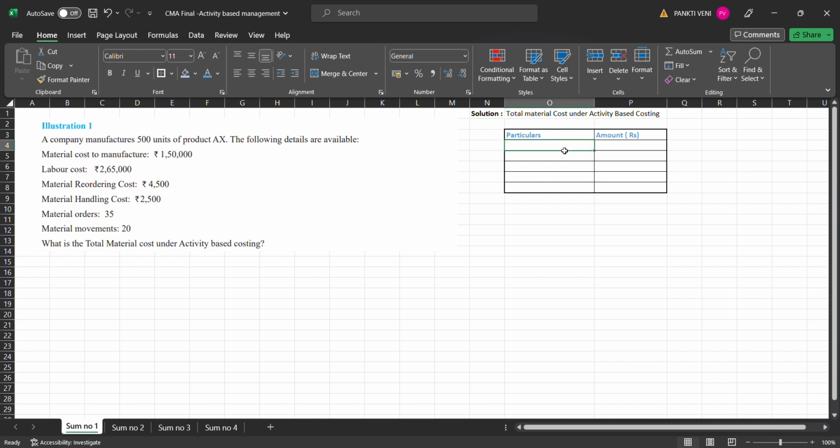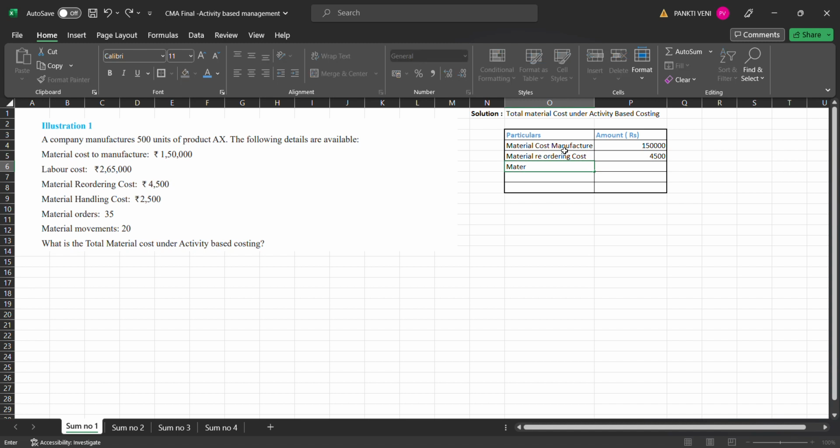So what we are supposed to do here is take your material cost related to manufacture, that is 1,50,000. Then you have material reordering cost, which is 4,500.